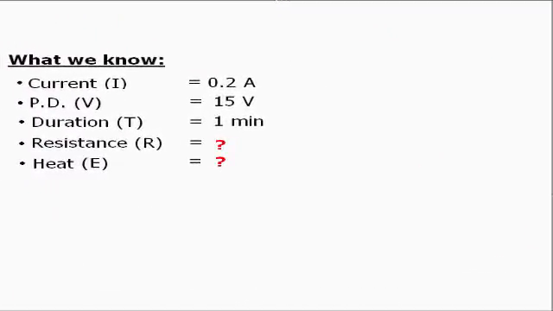Let's start off with part A, which asks us to determine the resistance of the electric circuit. If you've studied your physics equations and concepts well, you should be able to identify Ohm's law as the ideal equation that describes the relationship between current, potential difference, and resistance.